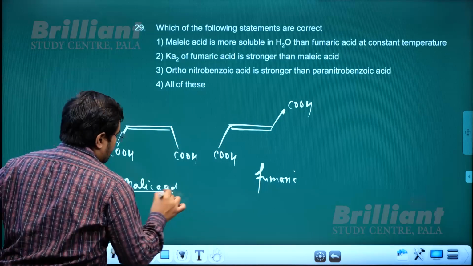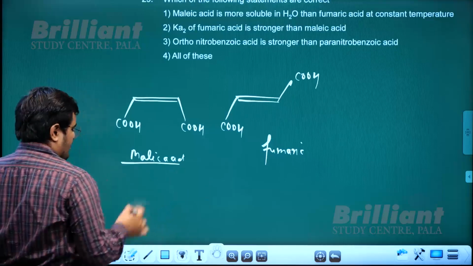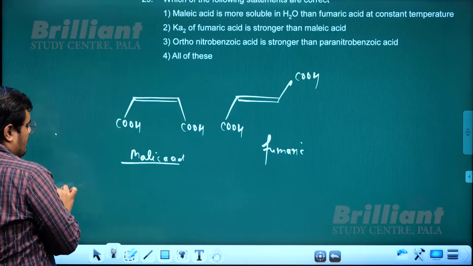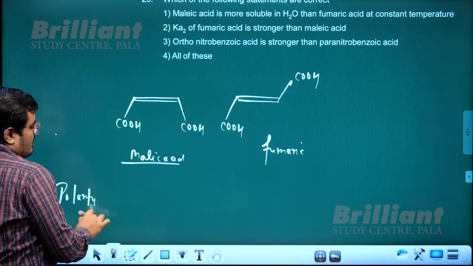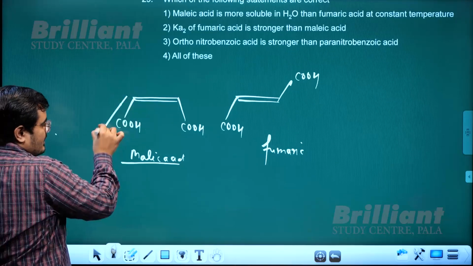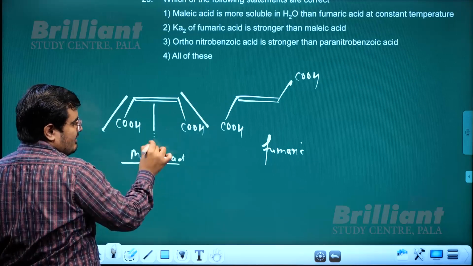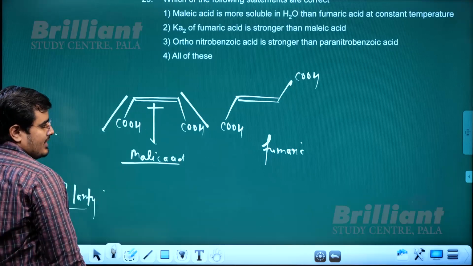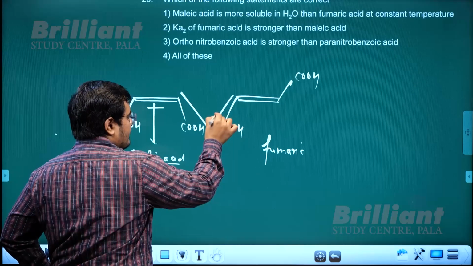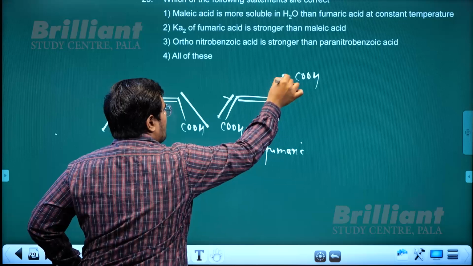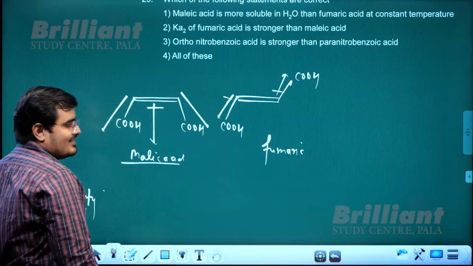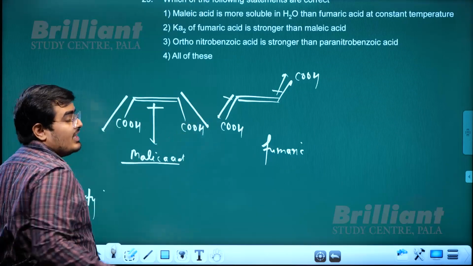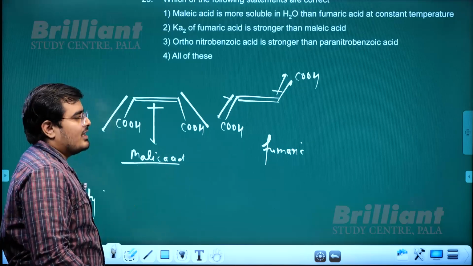If I talk about the polarity of these two, then if you do the dipole moment, this carboxylic will have a resultant dipole moment in this direction, whereas in this the majority of the dipole moments will be cancelled, but still fumaric acid won't be non-polar. Keep that in mind.